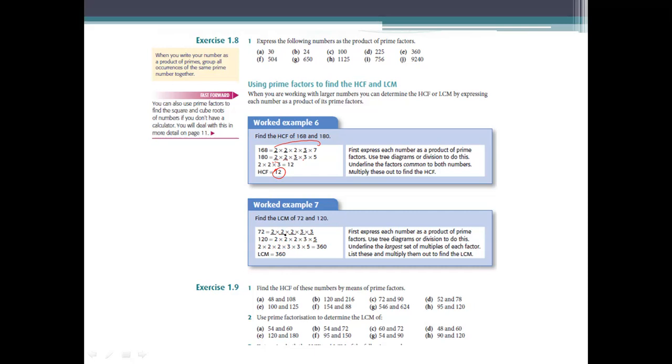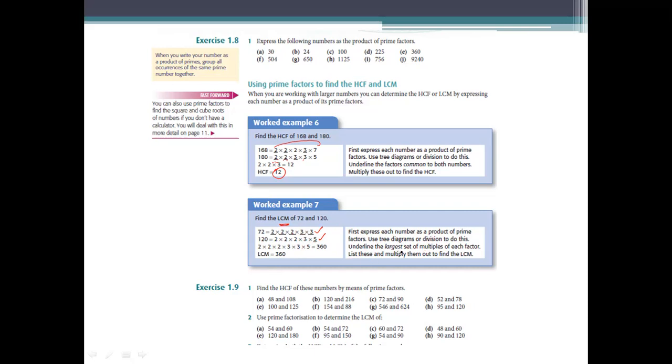And here also we have 3 times 2, so 3 is 2 times in here, but here it is 1 time. That's why we should take 2 times, which one is more, because it's LCM. And times 5, and here also 5. So first express each number as a product of prime factors. Use diagrams of division to do this.